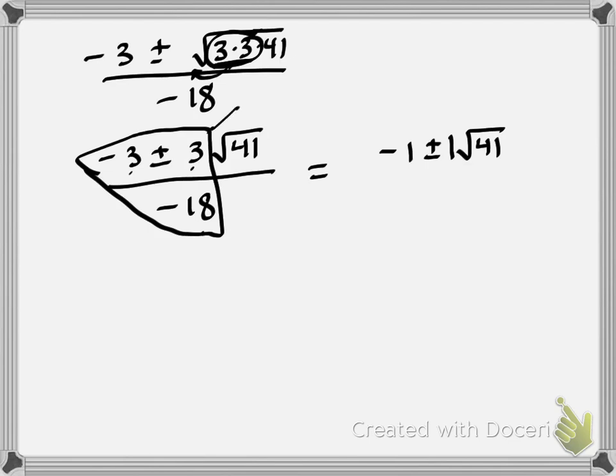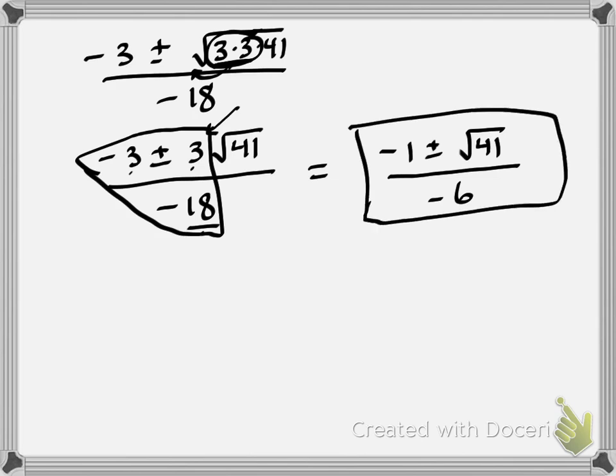This 3 right here turned into a 1, which I don't necessarily have to write. So I'm just going to leave it out. Plus or minus. And then if I divide the 18 by 3, I'll get negative 6. And so this would be my final answer for that problem.